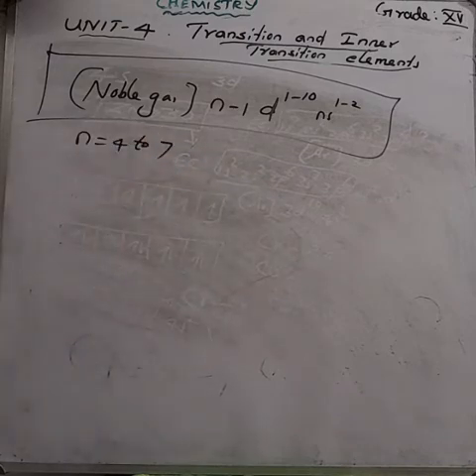In periods 6 and 7, except lanthanum and actinium, the configuration includes (n minus 2).